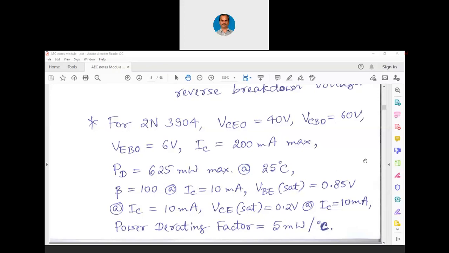So you can see in this example, for this particular transistor 2N3904, VBE sat is 0.85 volts at collector current of 10 milliamperes. VCE sat is 0.2 volts at IC equals 10 milliamperes. Yesterday we solved some exercises and I told you ideally collector to emitter voltage is 0.